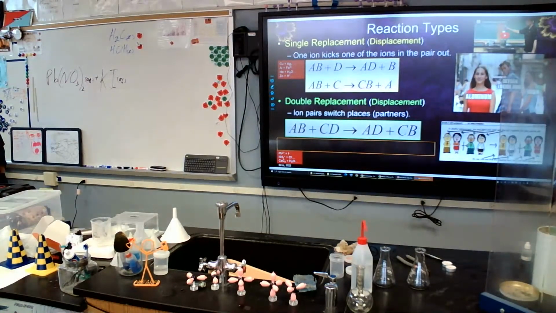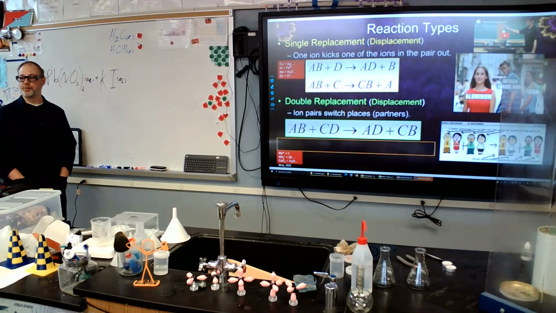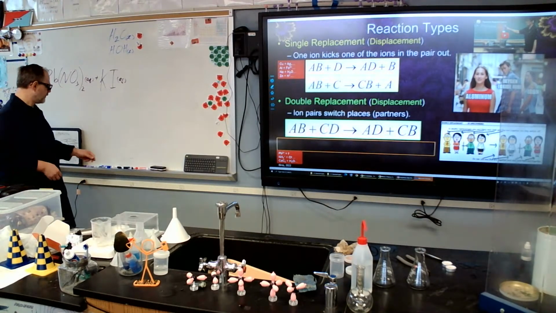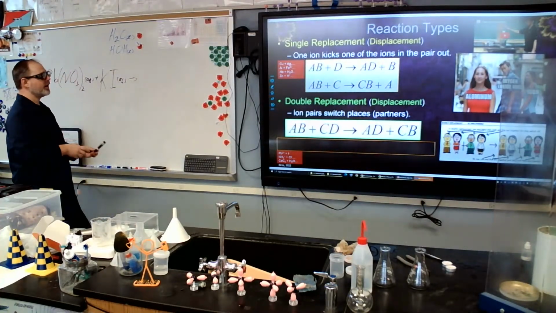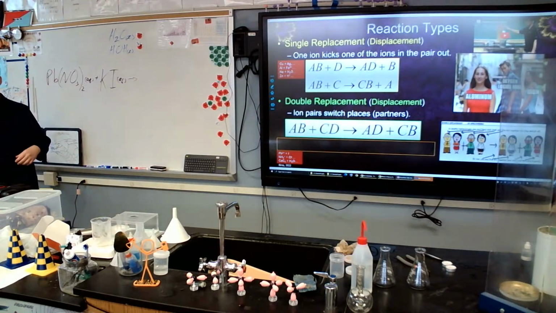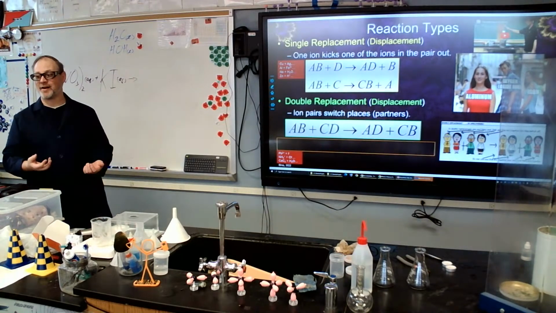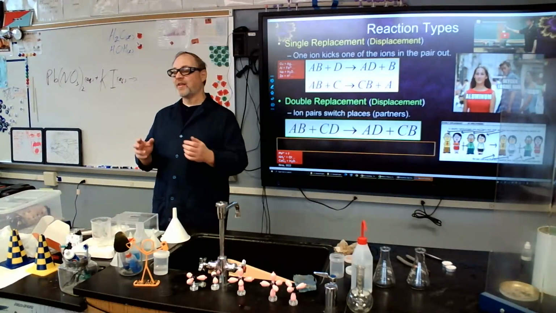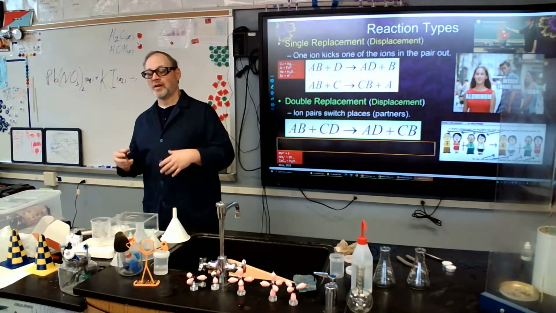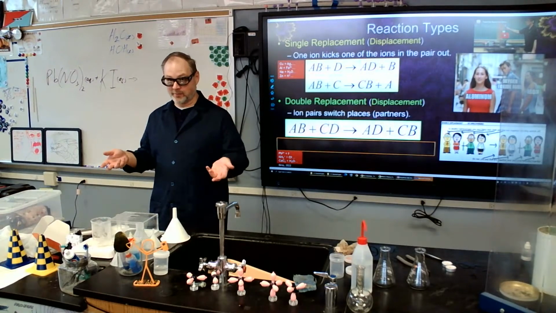Okay, so these are two aqueous substances, and what's going to happen is their ions are going to swap partners. The positively charged cation is going to swap with the positively charged cation, and the negatively charged anion is going to swap with the negatively charged anion.